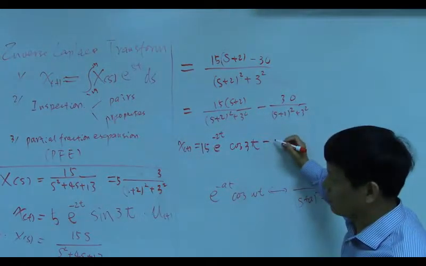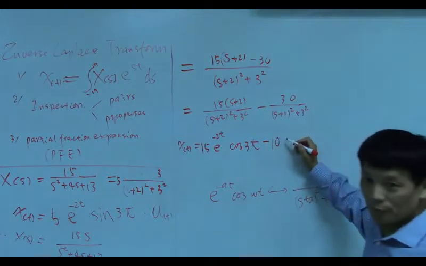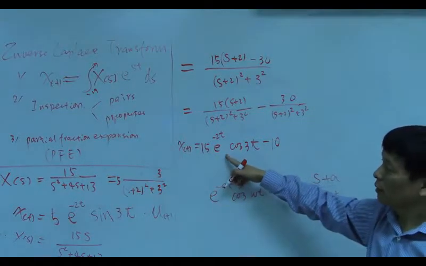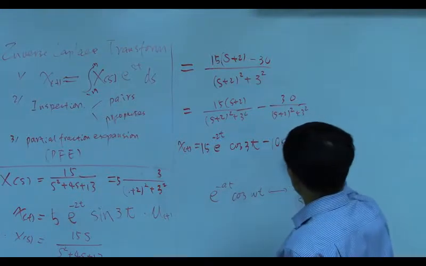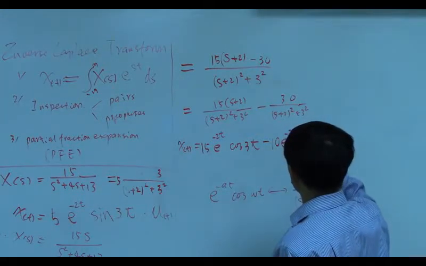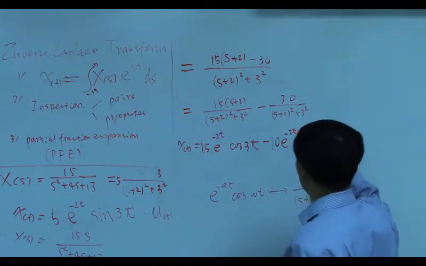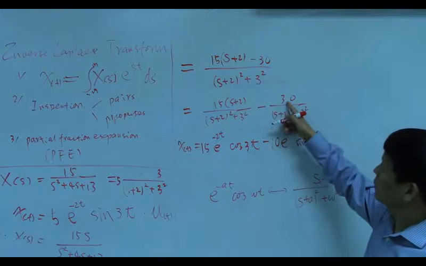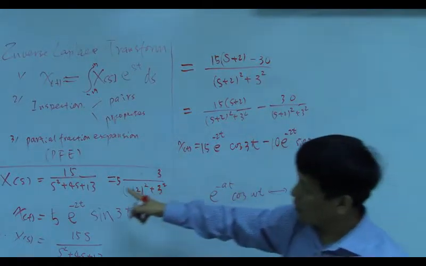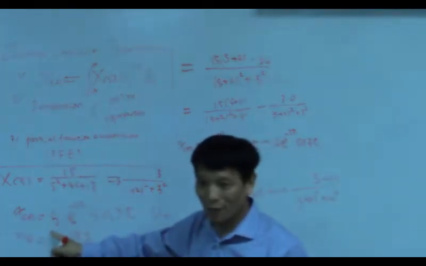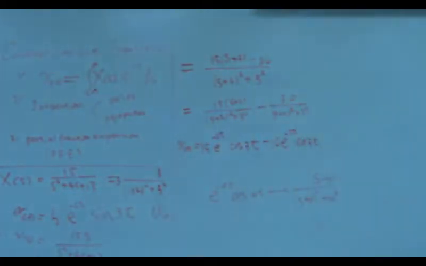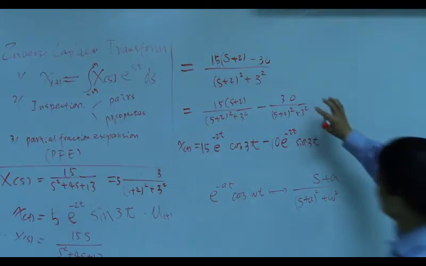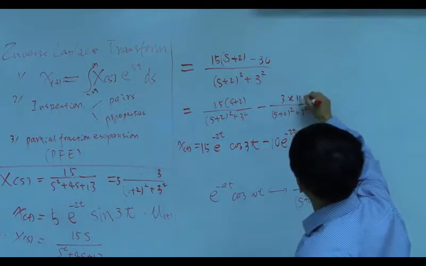So minus 10 e to the negative 2t and sine 3t. Where did you get the 10 from? Again, this is 10 times 3. This must be 3. Or you can look at this one: 15 gives us 5. So 30 must be 10. Yeah, that makes sense. Or you can write this one as 3 times 10, then make it this one.